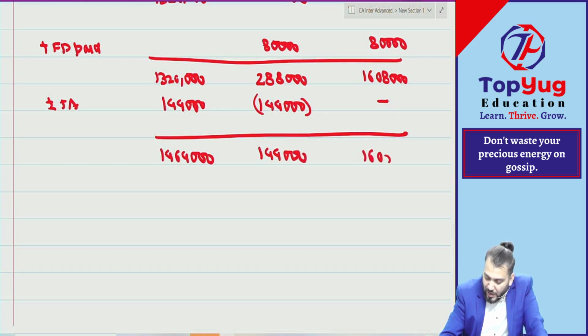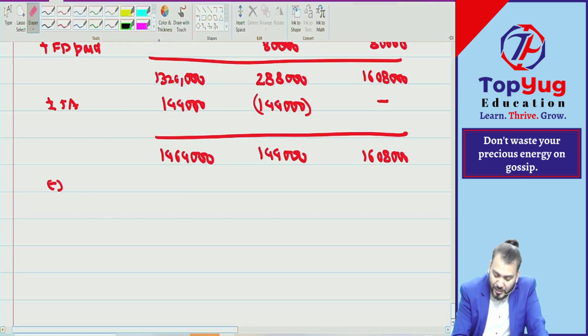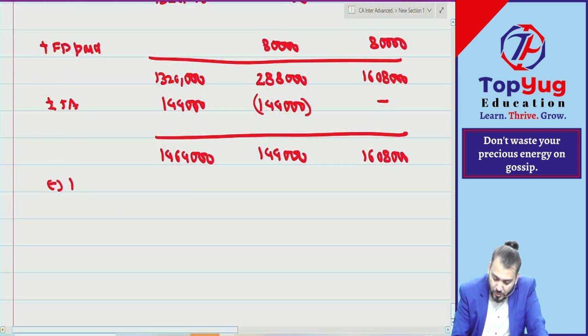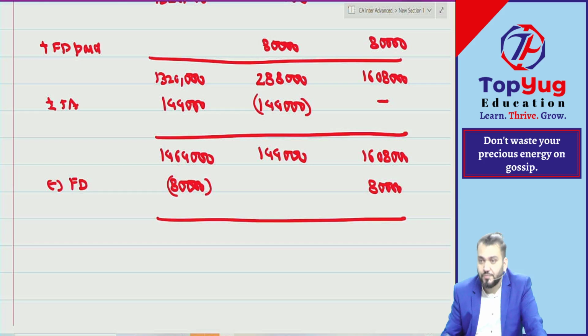This is 16,08,000. But minus final dividend from pre only. How much? 80,000 minus 80,000 minus. So this becomes how much?